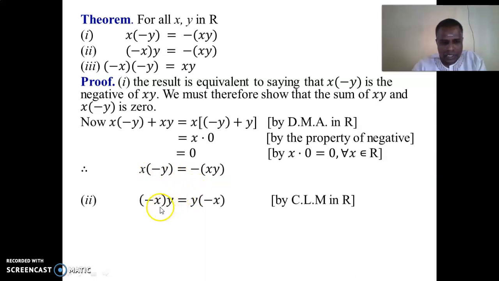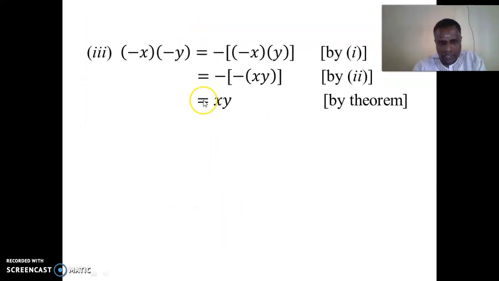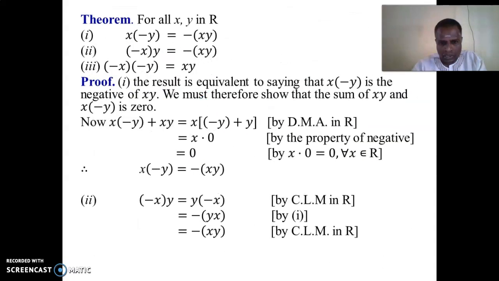Next, minus xy equals y times minus x. We write this by using the commutative law of multiplication. Here we apply the first result: y times minus x equals minus of yx.